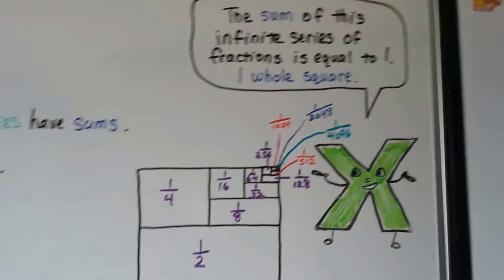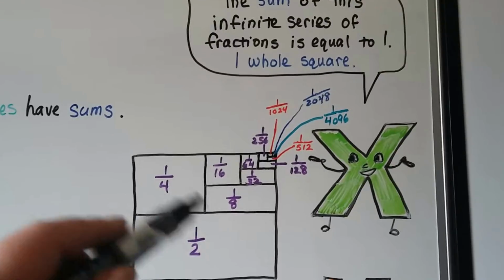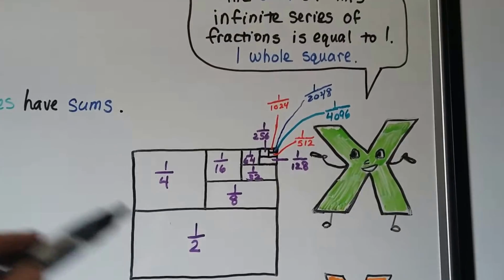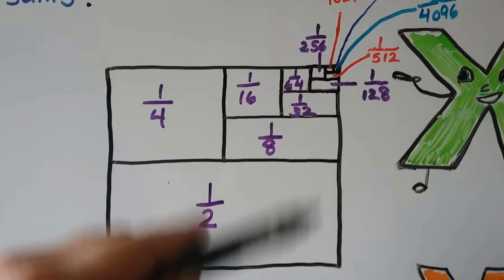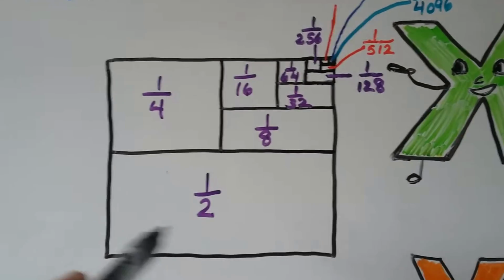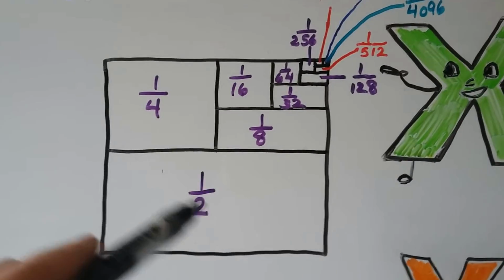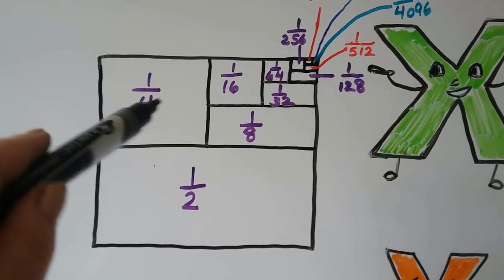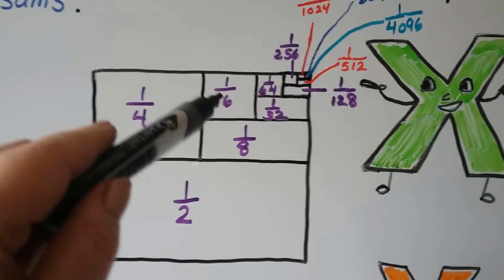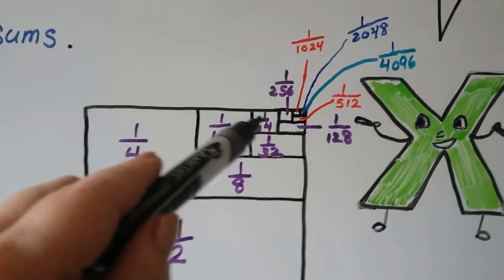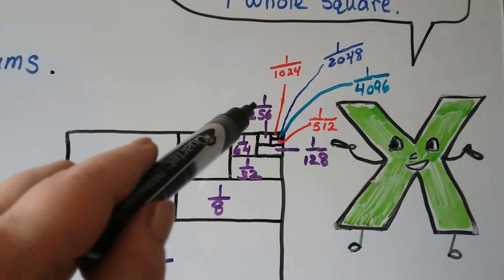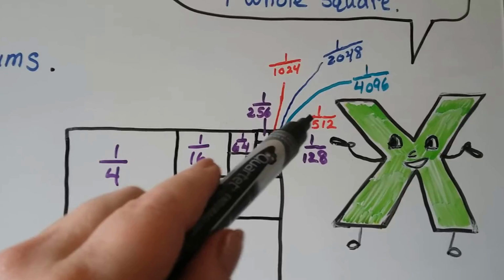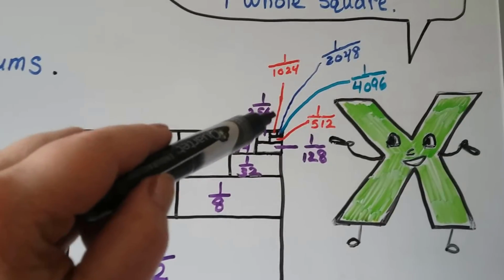The sum of this infinite series of fractions is equal to 1 whole square. So let's take a look at this. We have 1 whole square. This is half. If we add this half to this fourth, to this eighth, to this 16th, to this 32nd, to this 64th, to this 1/128th, to this 1/256th, to this 1/512, and it gets smaller and smaller and smaller.